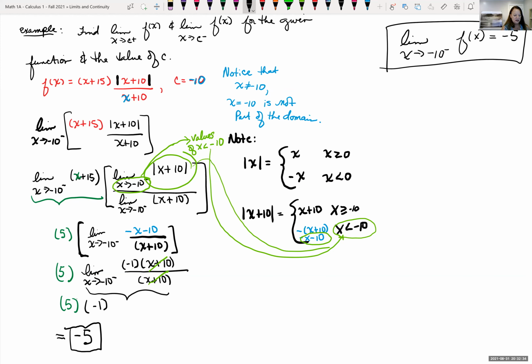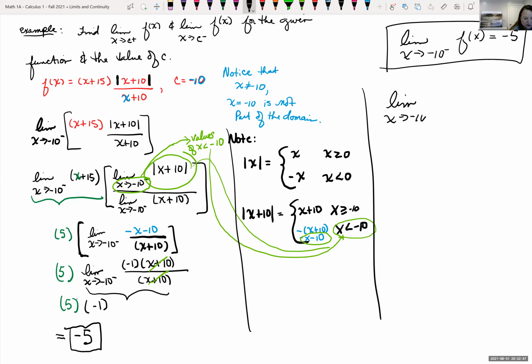So now we want to do kind of the same idea, but now we're looking at the limit as we're approaching negative 10 on the right-hand side. So same sort of idea. I can break this down: x plus 15 all times the absolute value of x plus 10 all over x plus 10.